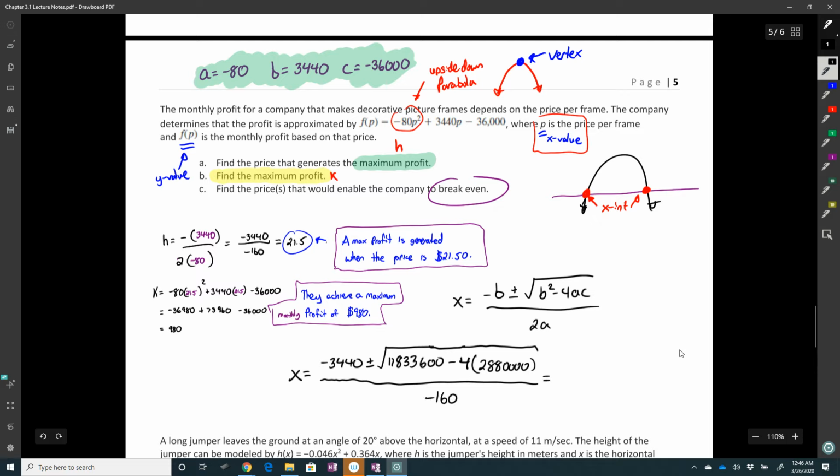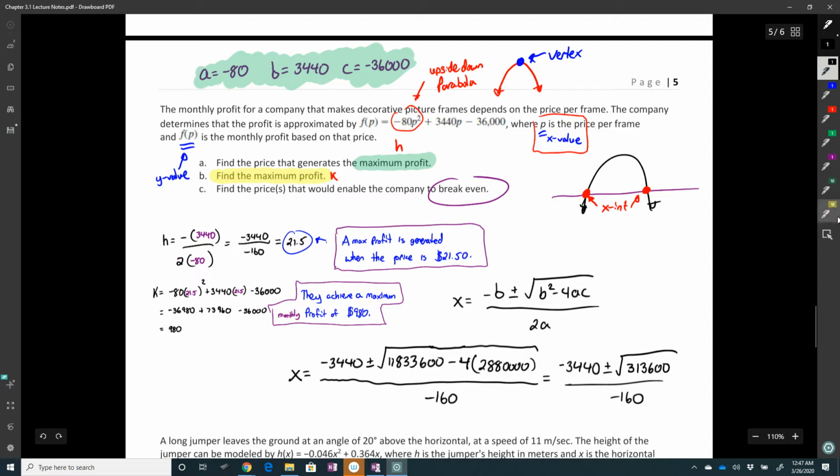So we can type this in the calculator. What I'm going to do is just type what's inside the square root. So plus or minus the square root of 11,833,600 minus 4 times 288 and then 4 zeros. And that's 313,600 over negative 160.